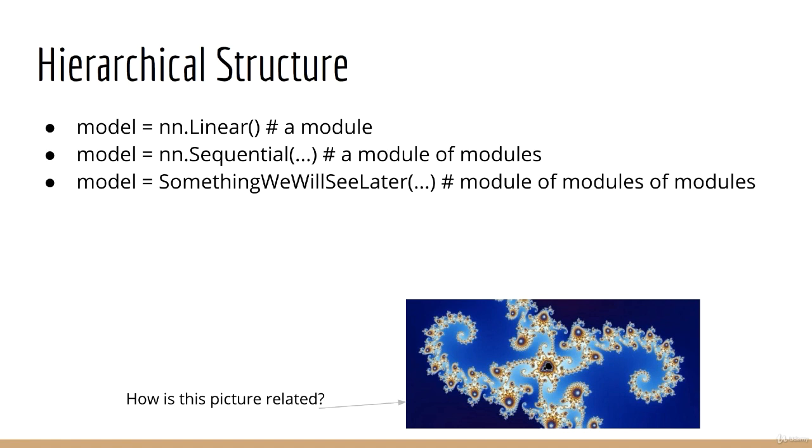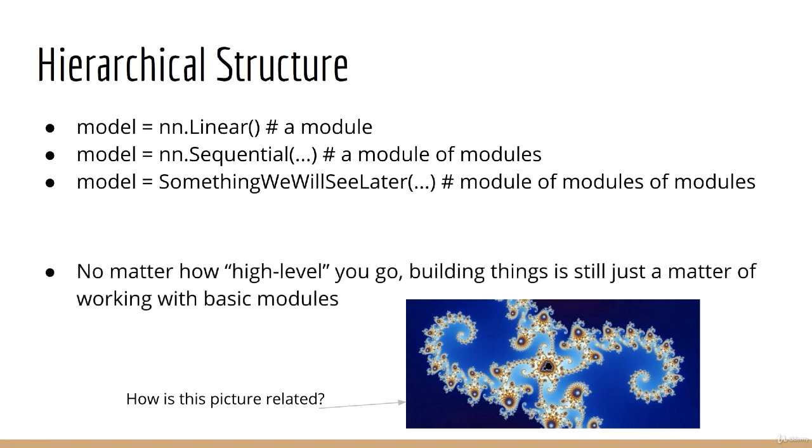So what we've learned is that a module is a model, but a module of modules can also be a model, as can a module of modules, and so on. By taking the perspective that everything is a module, building complex things becomes easier, because you only have to look at your current level of abstraction, and no matter how high level that may be, you're still just working with modules.